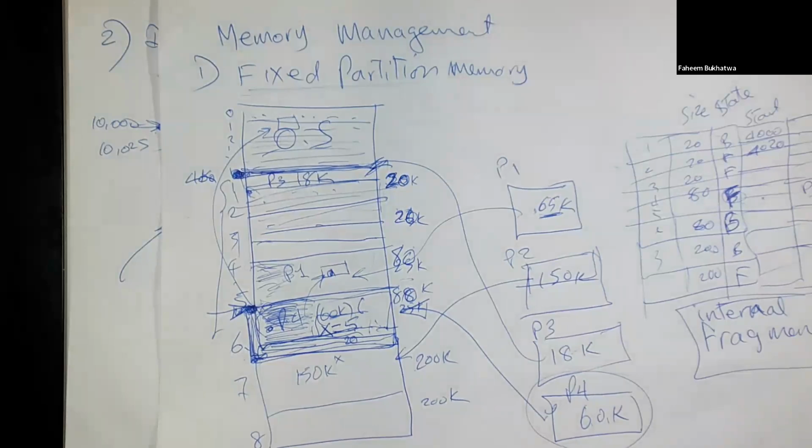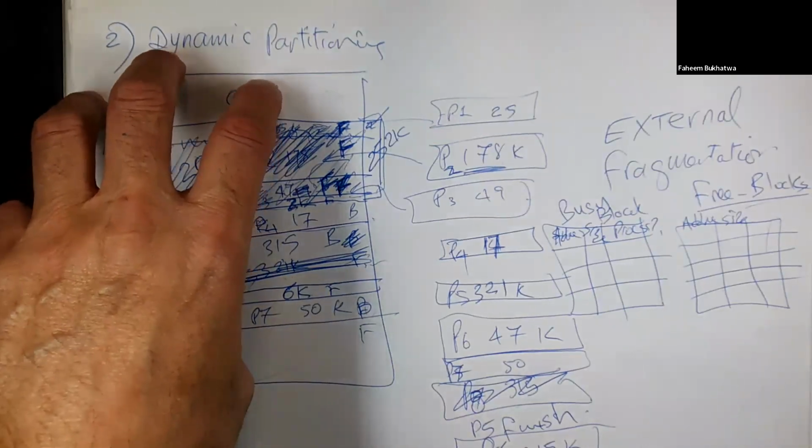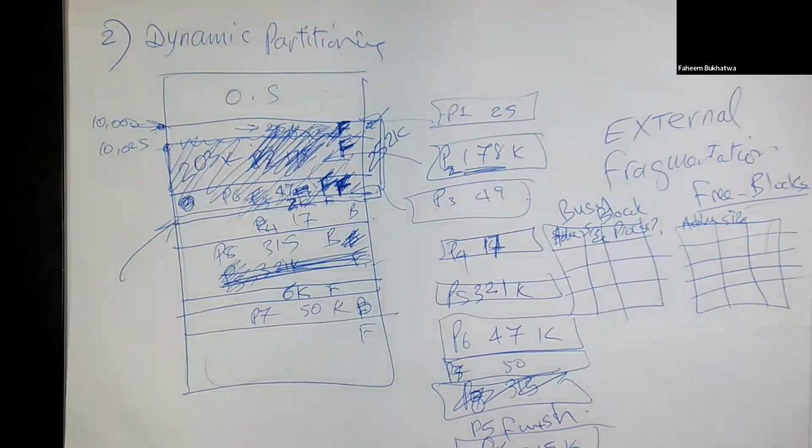So the newer system solved that problem. In the dynamic partitioning there is no internal fragmentation, but we have another disadvantage. Remember what it is? External fragmentation. How does internal fragmentation happen? That's the easier one. Anybody want to tell me how internal fragmentation takes place?